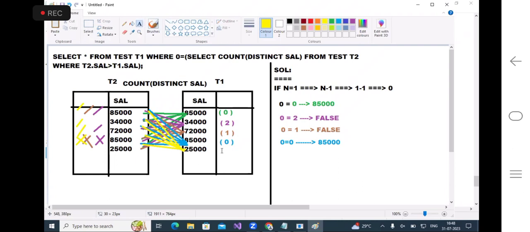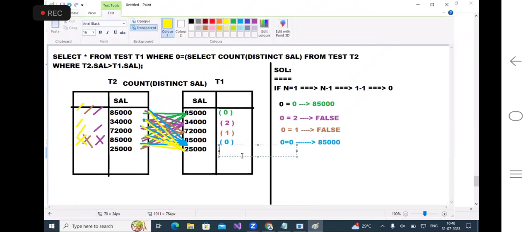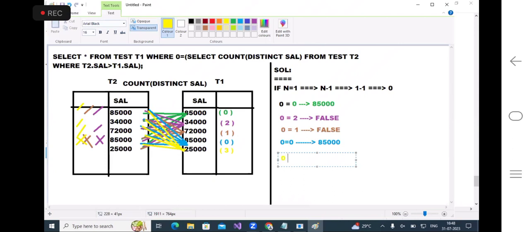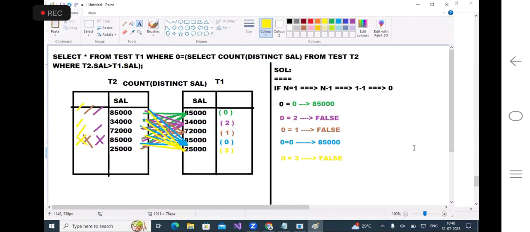That means 3 values are bigger than 25, so the count is 3. Now you can see 0 is equal to 3. Condition true or false? False. So all rows are compared, each and every row we are comparing.